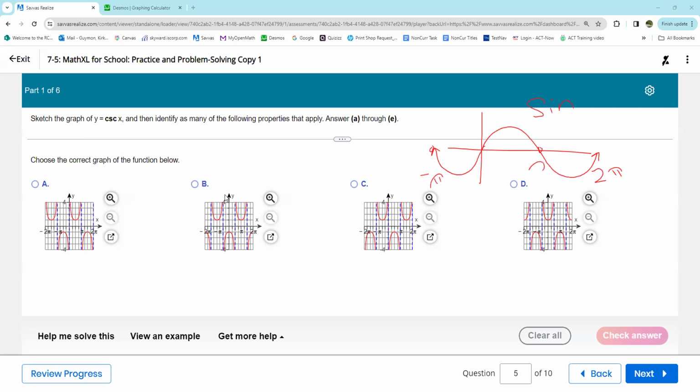Here's a pi, halfway through the period on the right. And when we looked at what happens with the cosecant, the reciprocal, remember, it was hitting at all these maximum and minimum points of the sine. And so we are just supposed to be choosing which one matches that cosecant. So which one looks like that?